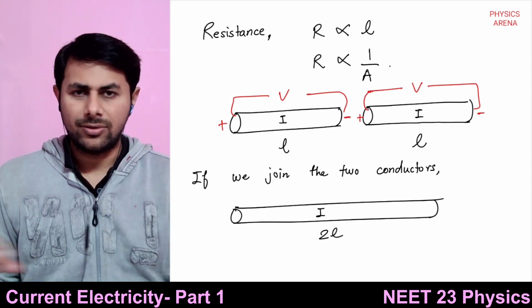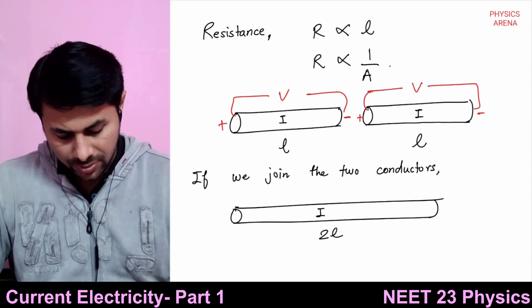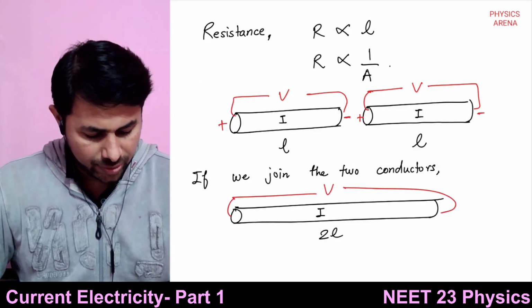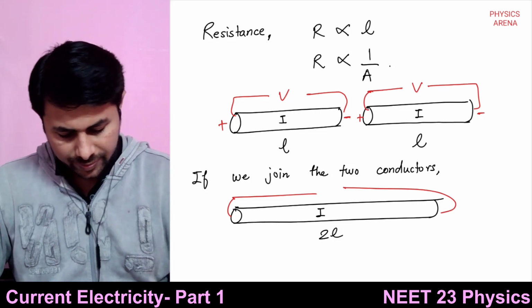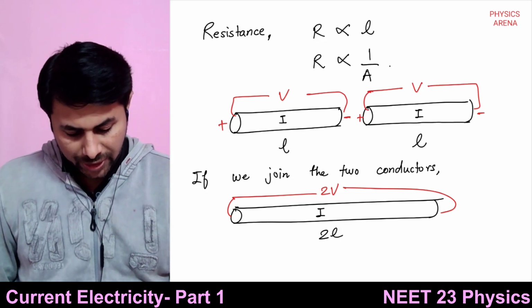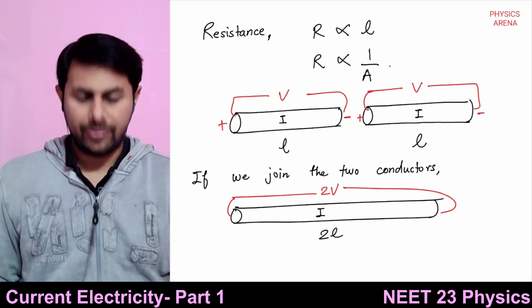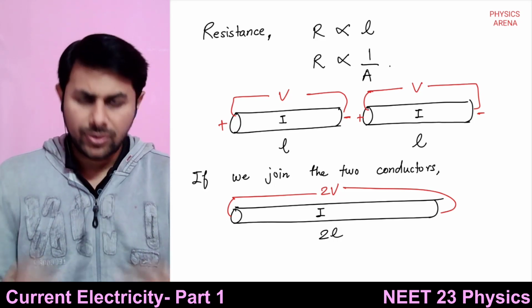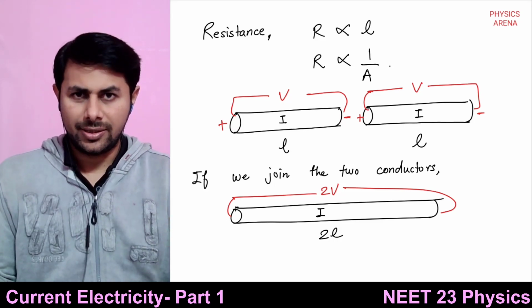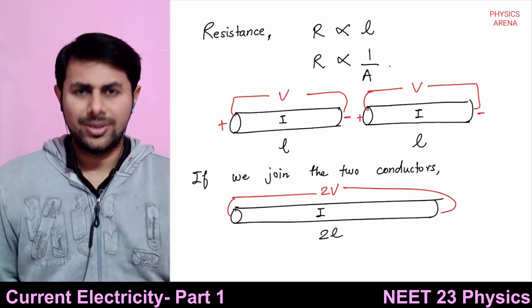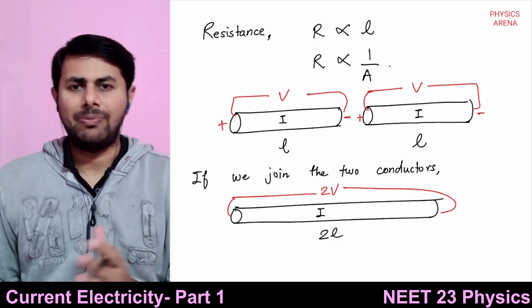I is the current flowing through this conductor. But now what about the potential difference? So potential difference across the ends of this conductor would be 2 times V. Okay, because potential difference for this much length is V. So if you increase the length, then potential difference will also increase, just like the case of a capacitor.